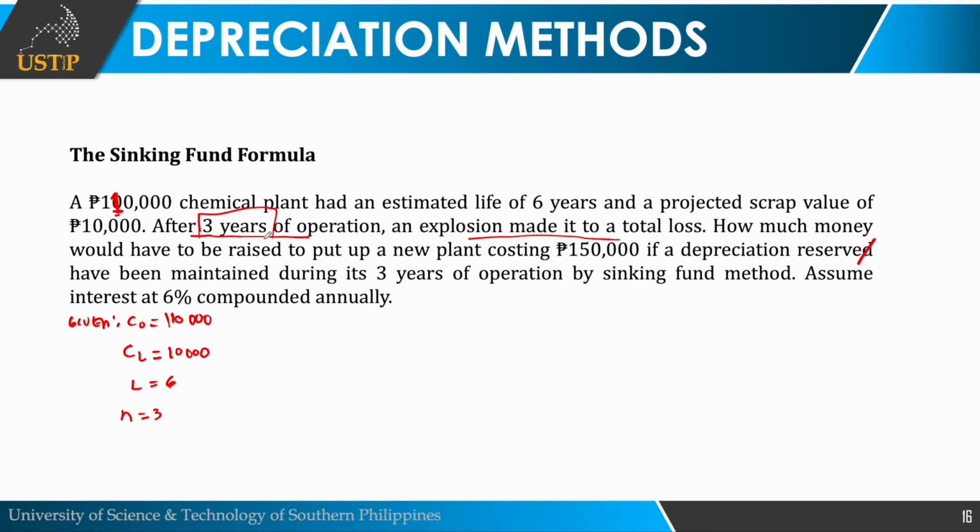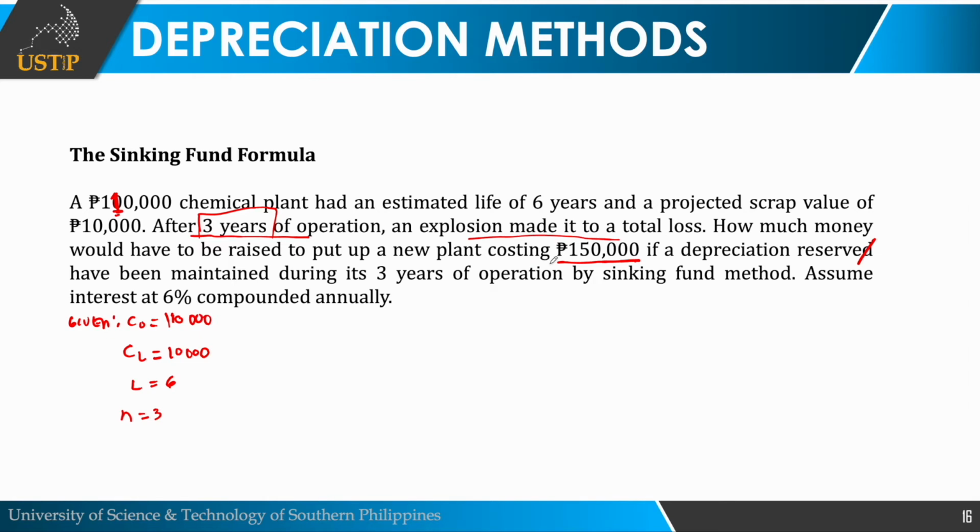Okay? Because the idea of a sinking fund is that its depreciation is the matching amount of investment that was saved up. So, meaning, after 3 years, when it explodes, there is already money saved, which is equivalent to your depreciation. For the new plant costing 150,000, it will not start from zero, because there is already a saved fund; how much now needs to be raised, or how much is lacking?